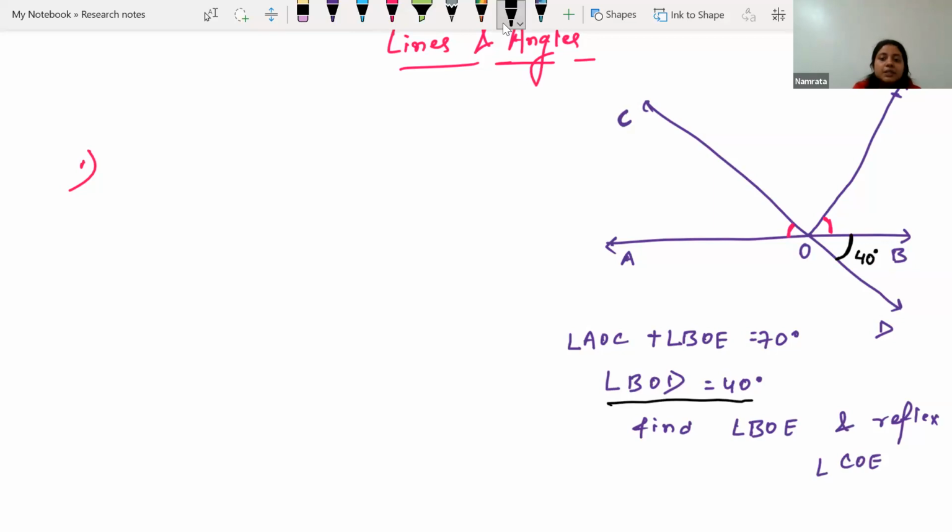Find angle BOE. We have to find BOE, this red angle, and reflex COE, this one also we have to find. So both the question marks we have to find.